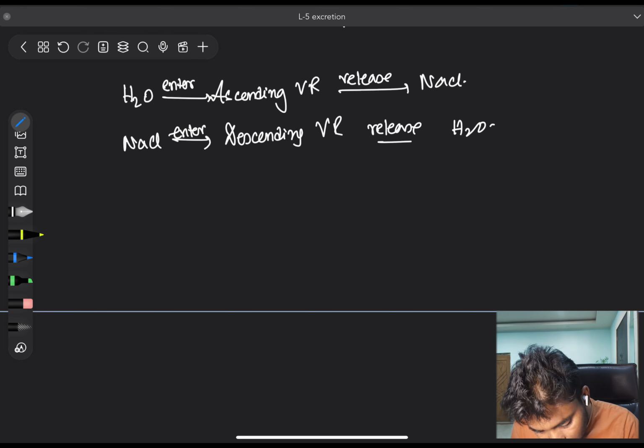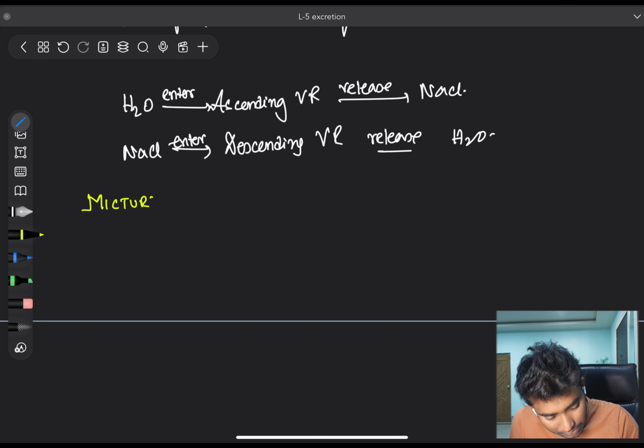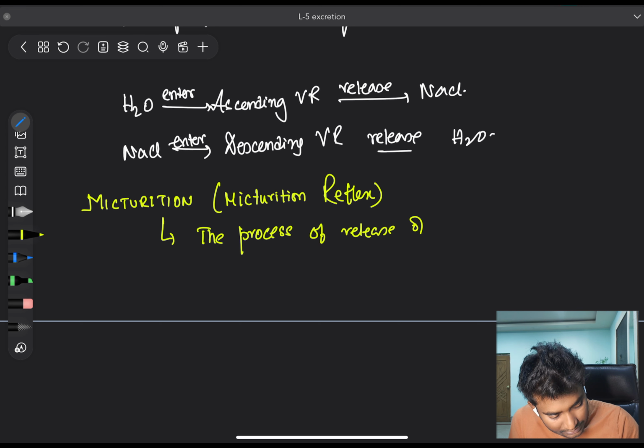Now come to the next part, the micturition reflex, the process of release of urine.